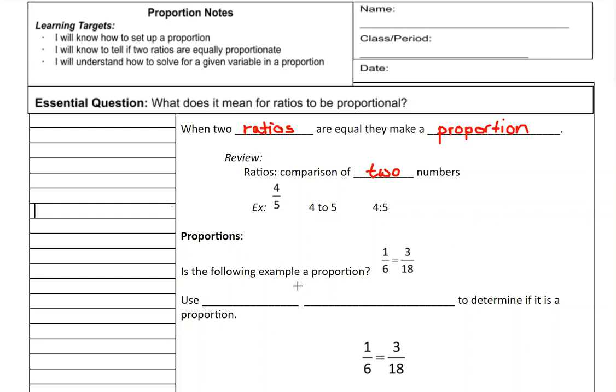Another method is setting them equal to each other and using cross multiplication to determine if it's a proportion. You'll notice that there's an equal sign between the ratios. That means it's an equation, right?